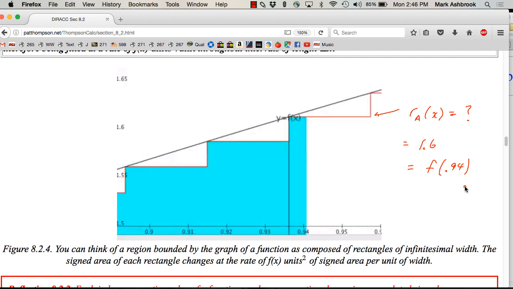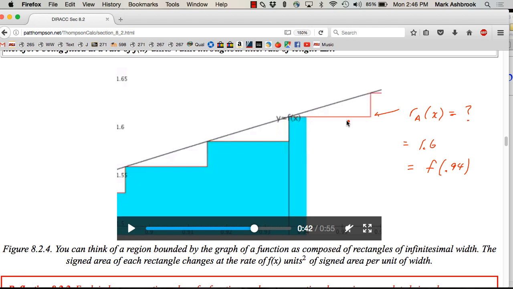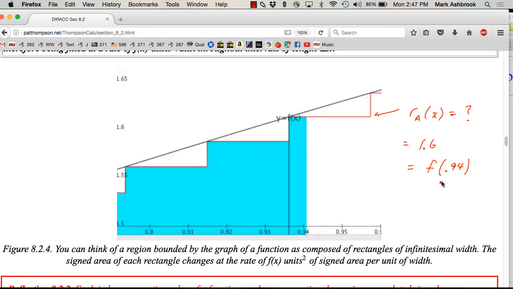So by changing a function that has changing values into a lot of little constant values, each one of those, if you're thinking about area being swept out, is like our first example, and the rate of change of area being swept out is just the value of the function there. Units are different, but the value is the same.